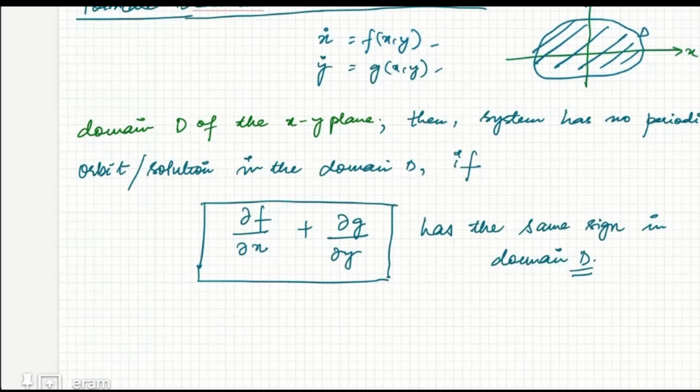Okay. And then, based on the eigenvalues nature, we can analyze the stability of a linear autonomous system. And for a nonlinear system also, local behavior we can analyze based on the linearized system and analyzing its eigenvalues.